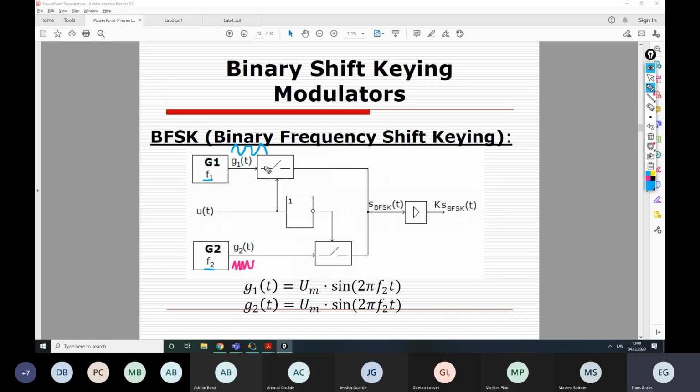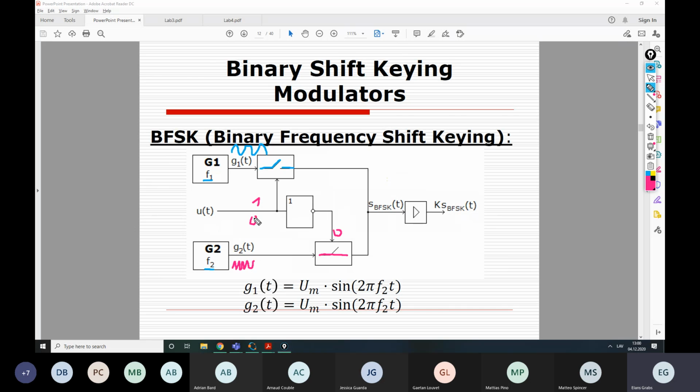So meaning, if this switch is open, then this switch must be closed. There is no way that these switches are both open or both closed at the same time because of this inverting element, right? So if we send here 1, then 1 will close this switch, but after inversion 1 becomes 0 and it will open this switch.